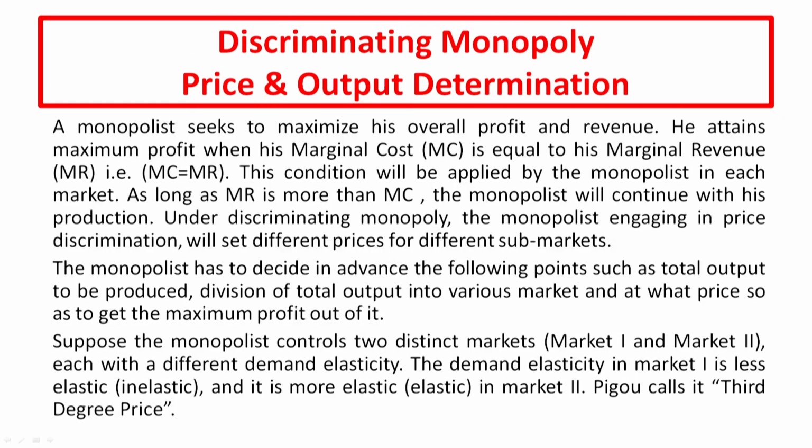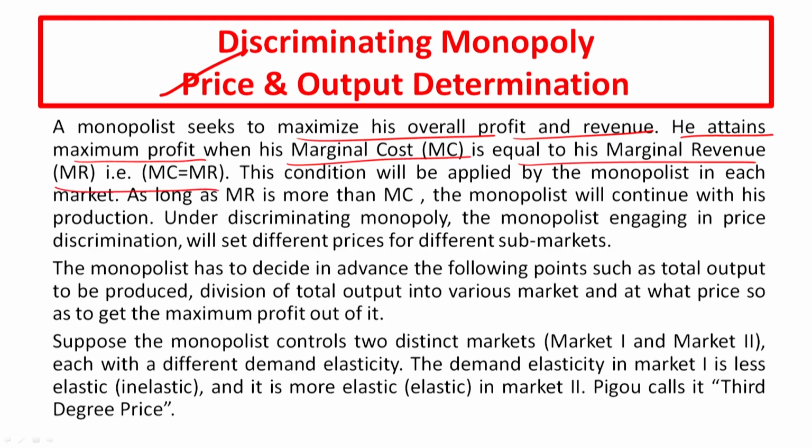Price discriminating monopoly price output determination. That means a monopolist seeks to maximize his overall profit and revenue. He attains maximum profit when his marginal cost is equal to his marginal revenue.